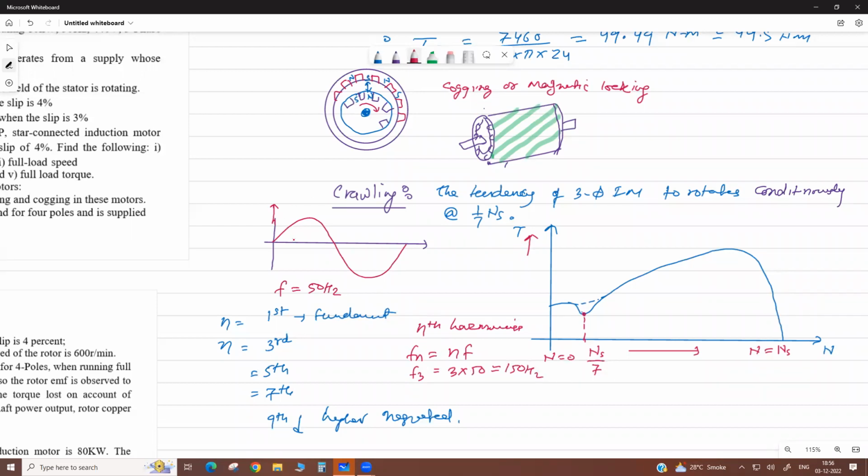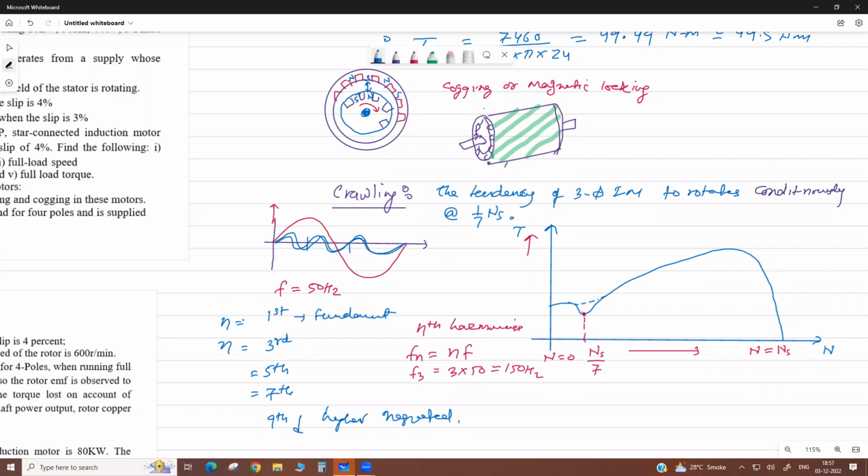So in one cycle of the fundamental, the third harmonic will complete 3 cycles, 1, 2, 3, but its magnitude is less.